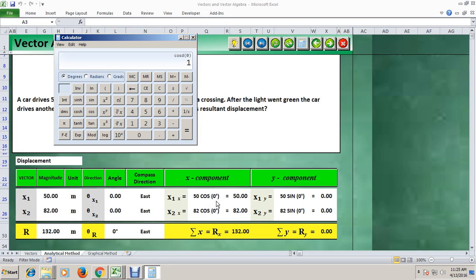Cosine 0 is equal to 1. Cosine 0 is 1, times 50 gives you 50. Whereas sine 0 gives you 0, and if you multiply that by 50, that would give you 0. So let's verify that.